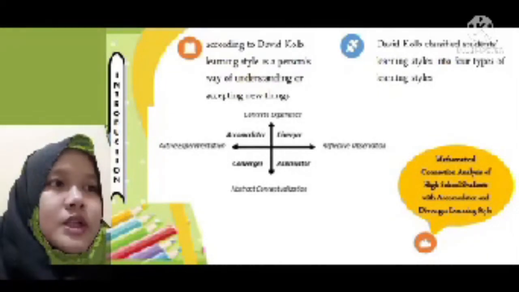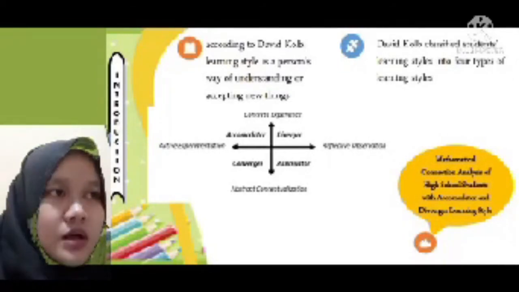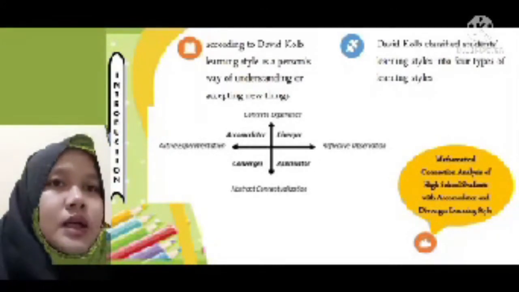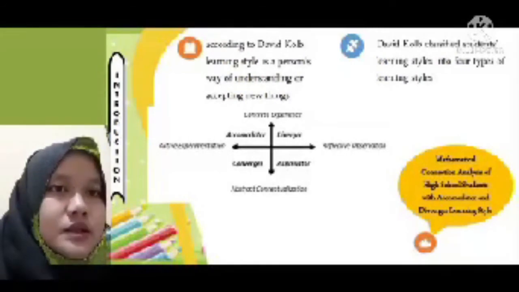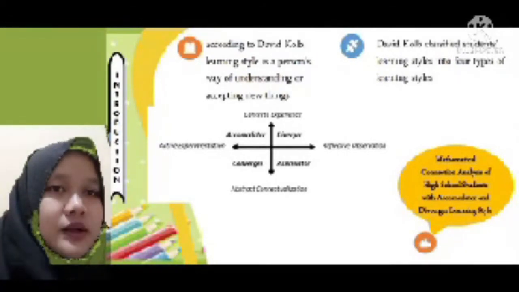Third, Converger, a combination of abstract conceptualization and active experimentation. And fourth, Accommodator, a combination of active experimentation and concrete experience. On this occasion, my research focused on students with accommodator and diverger learning style, with the title Mathematical Connection Analysis of High School Students with Accommodator and Diverger Learning Style.